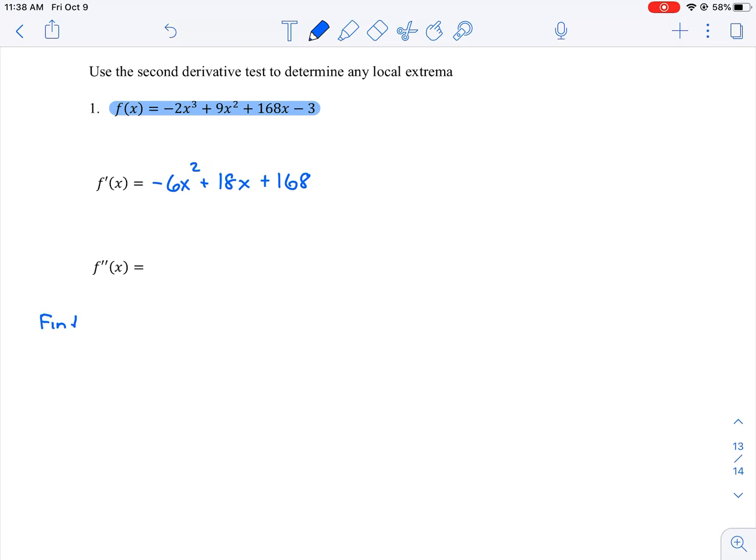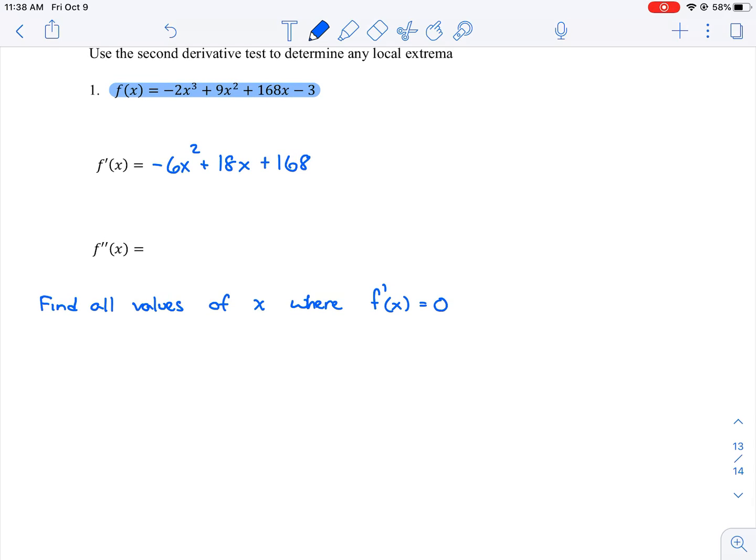Next, we're going to find all values of x where the first derivative is equal to 0. So I'm going to set the first derivative equal to 0 and solve for x.